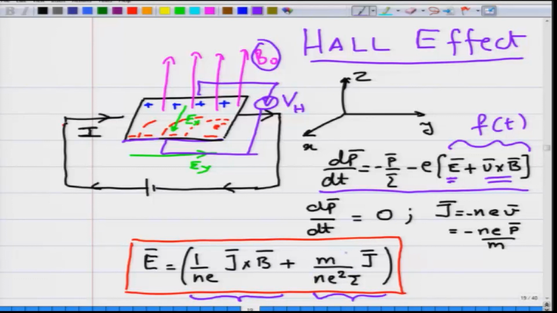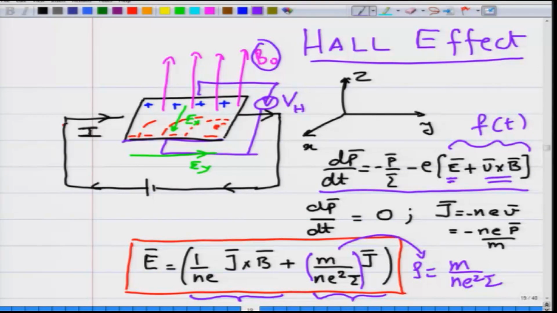If you recall, this is nothing else but the resistivity which you derived from the Drude model: rho = m/(ne^2 tau). So this second term is the Drude resistivity, and the first term comes because of the effect of the magnetic field.